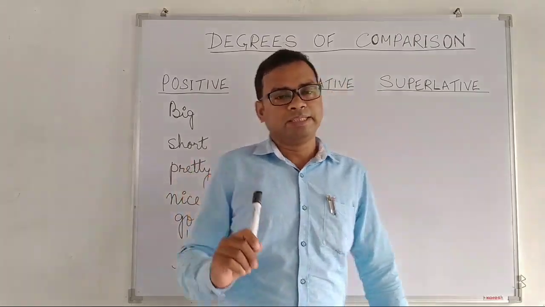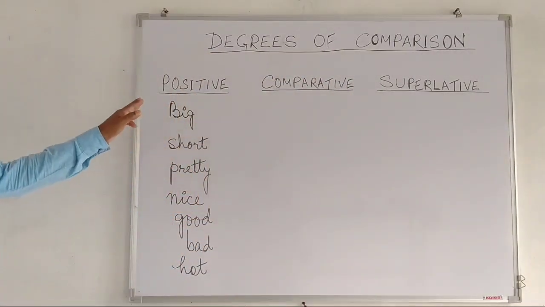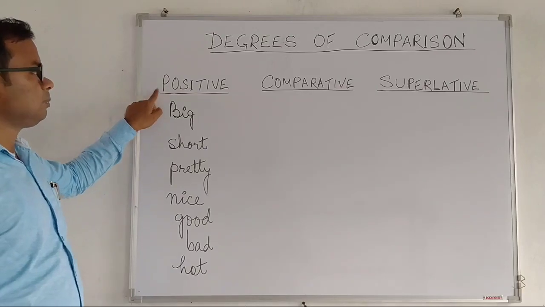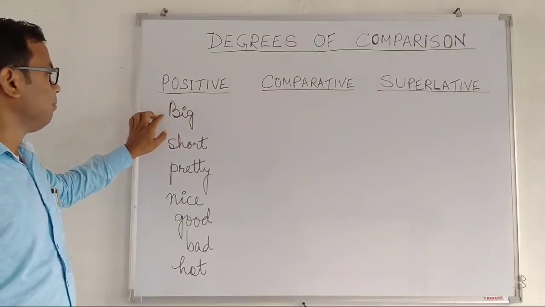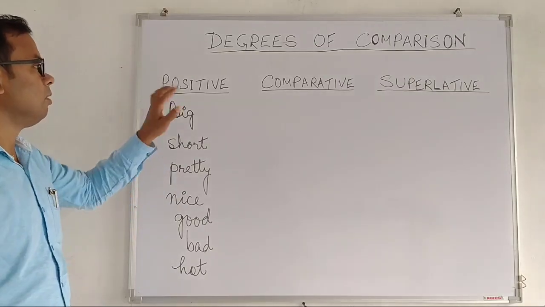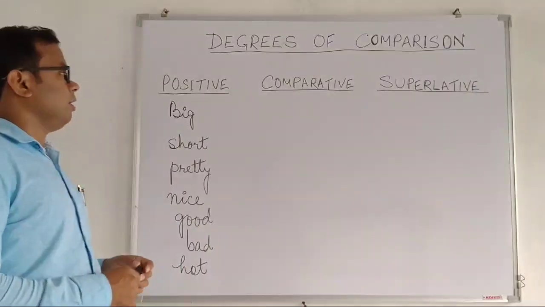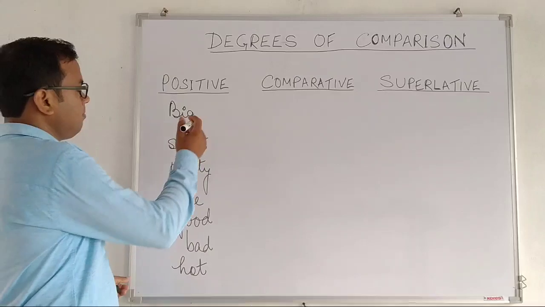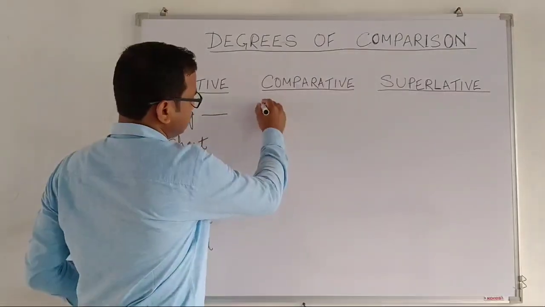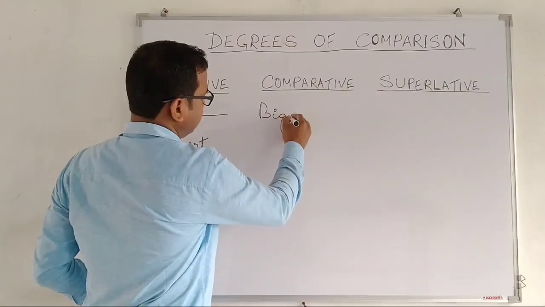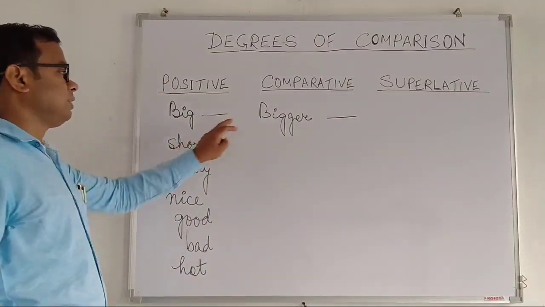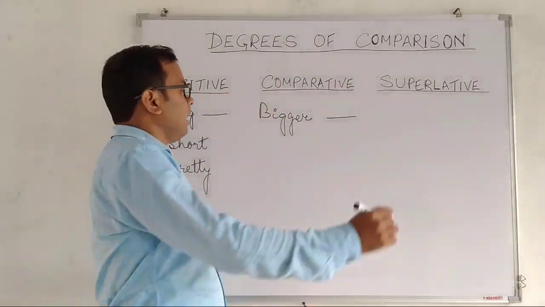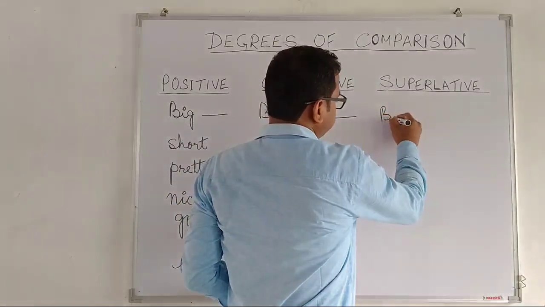So there are some adjectives here. Big. So we have three degrees: positive, comparative and superlative. So big is the adjective. If we make it comparative, it will become what? It is bigger, B-I-G-G-E-R. And when we convert this bigger into superlative degree, it becomes biggest.